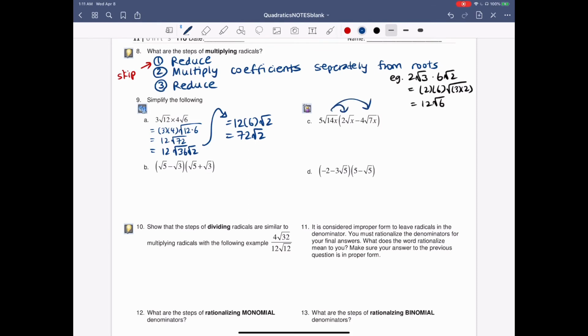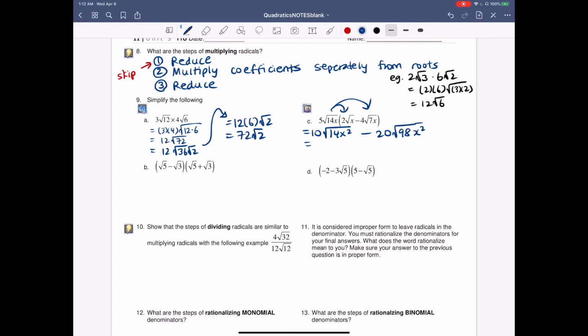So I need to distribute that 5 square root 14x into both parts of the term. So I have 5 times 2 is 10. And then inside I have 14x squared. 5 times 4 is 20. And inside I have 14 times 7, which is 98x squared.